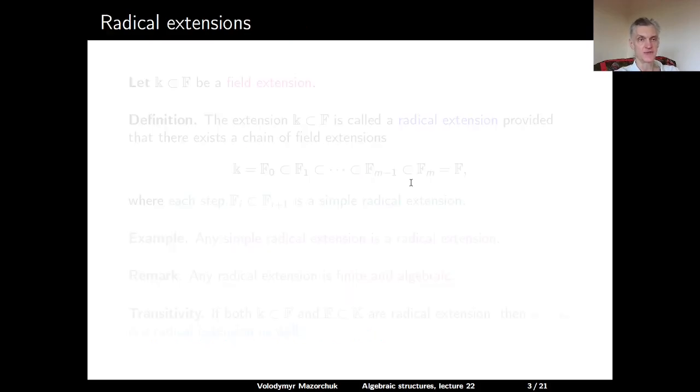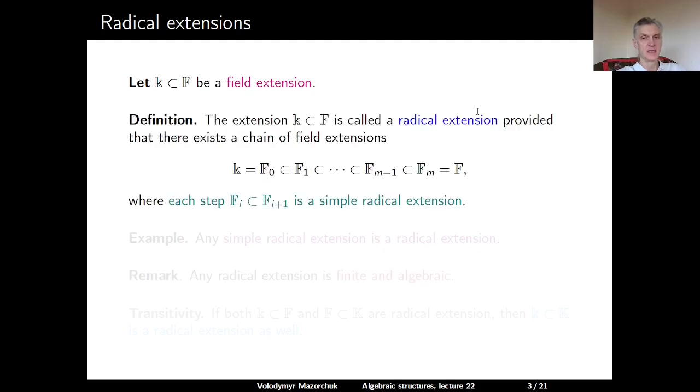Now we can define the notion of a radical extension. Let K inside F be a field extension. Definition: this extension is called a radical extension, provided that there exists a chain of field extensions K is equal to F0, F0 is a subset of F1, F1 is a subset of F2, and so on, all the way up to Fm, which is equal to F, where each step Fi inside Fi+1 is a simple radical extension.